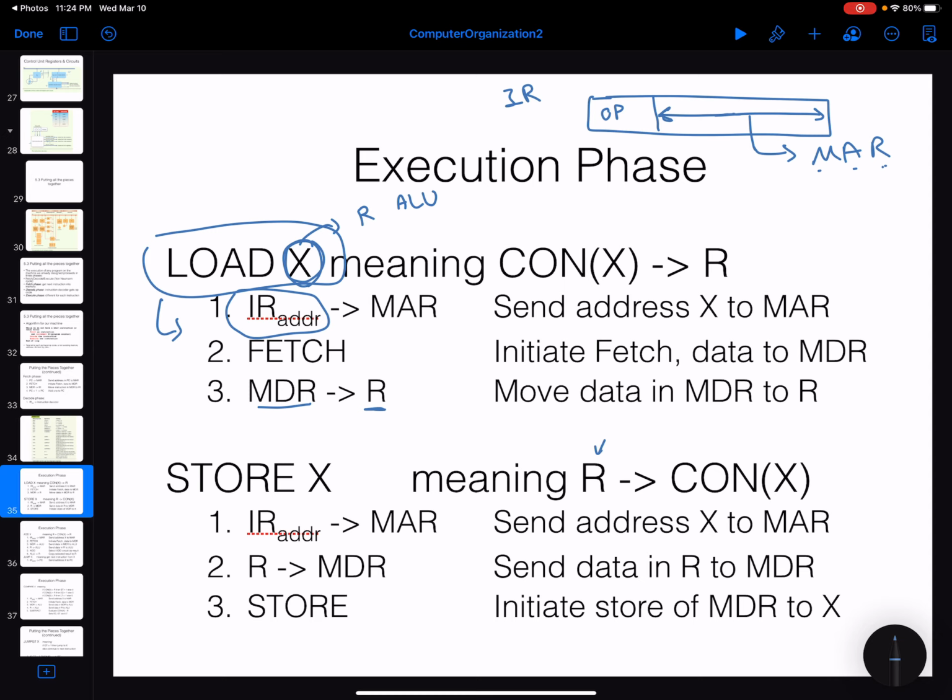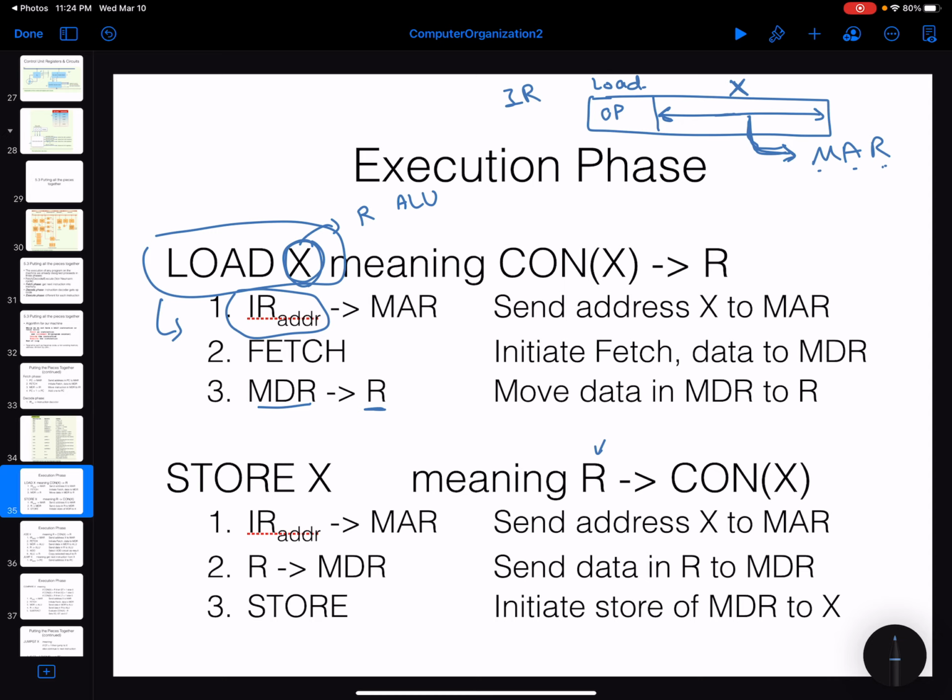Again, you have to send out this address. This is going to be that X. Whatever X is, that is the address where we are going to store the content of register R. So this is going to be sent to MAR.